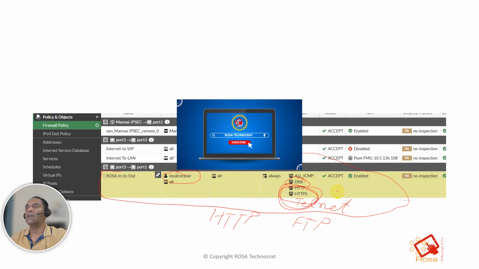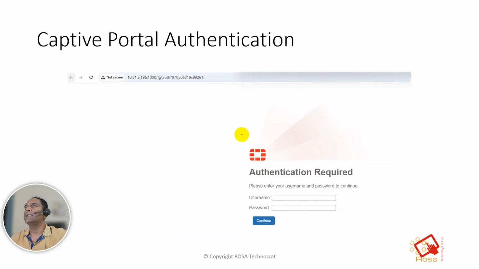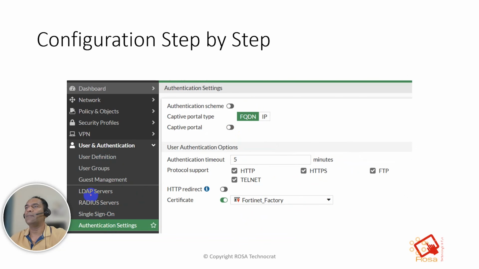These settings, which protocols are supported by the captive portal, are available under user authentication settings. If you go under authentication settings, you will see protocol support: HTTP, HTTPS, telnet. So captive portal can only support authentication on these protocols.